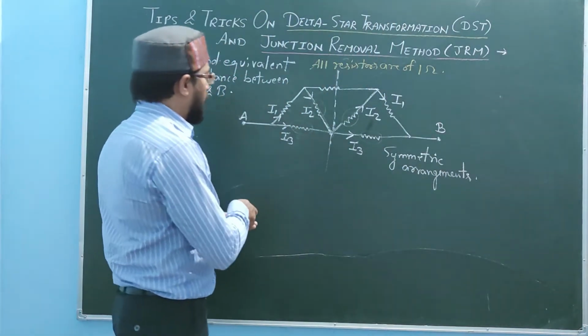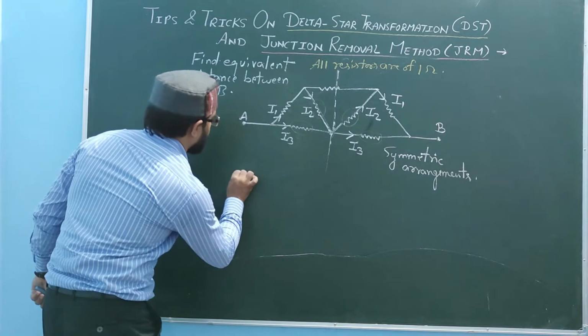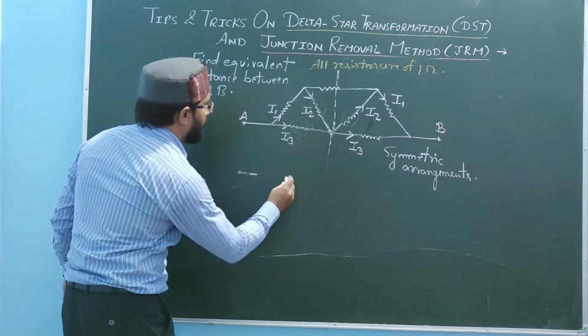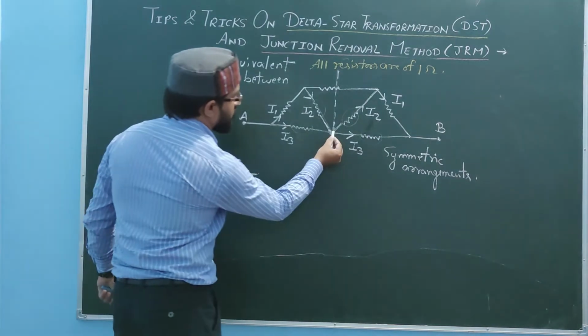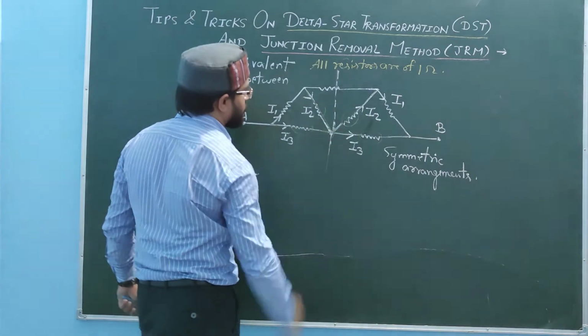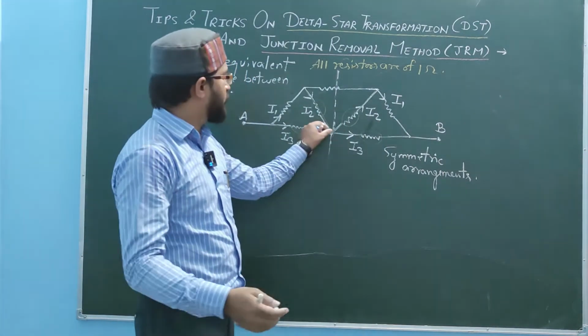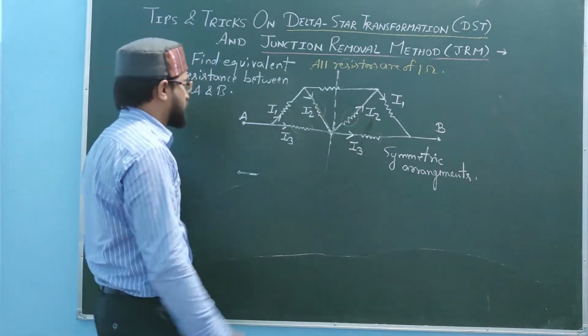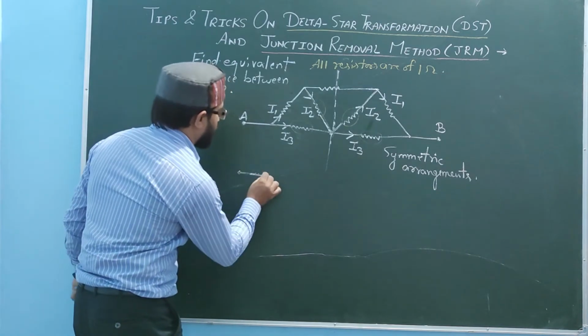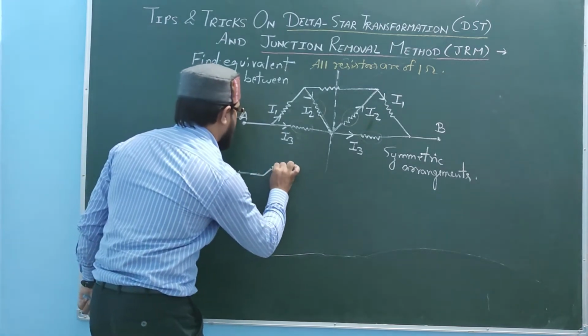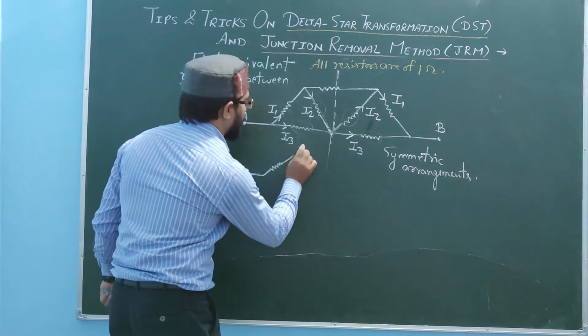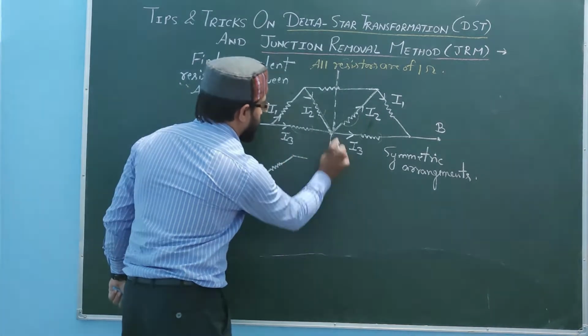Next, the image I am going to draw would be like this. This junction we can lift up. There is no use of the junction, so we don't need it. Why should we take the botheration of it? Now you see it would look like this after JRM.